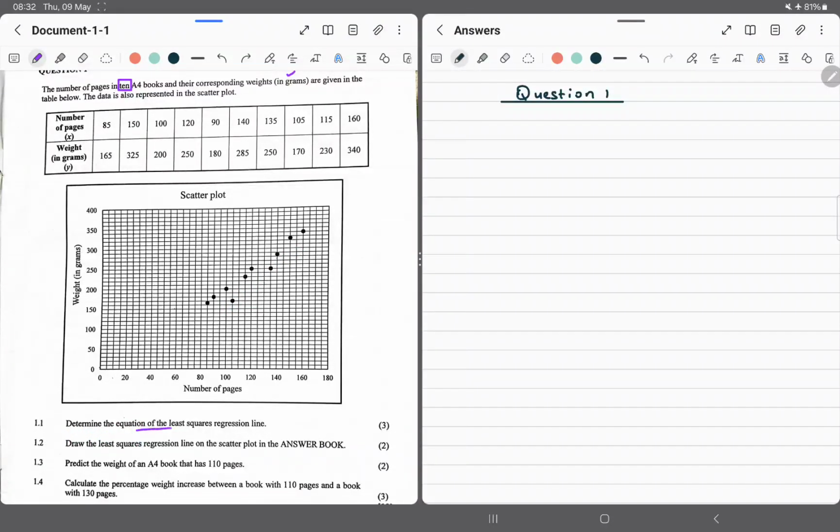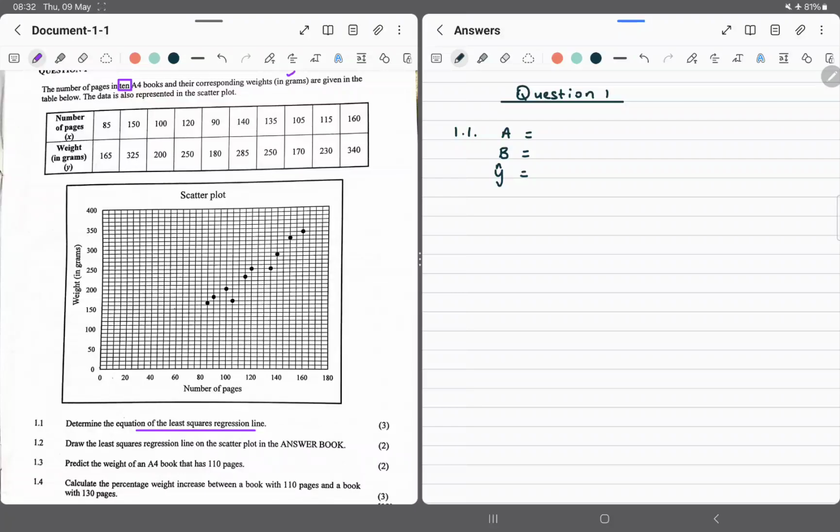First question, determine the equation of the least squares regression line. We expected it, so in 1.1, we know that we need to find A, we need to find B, and then we write the equation. So let's do it.